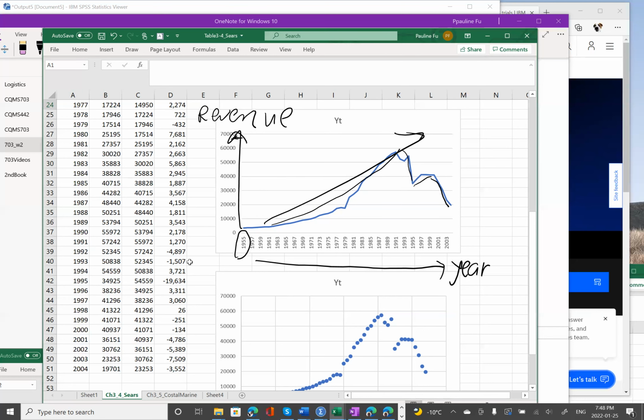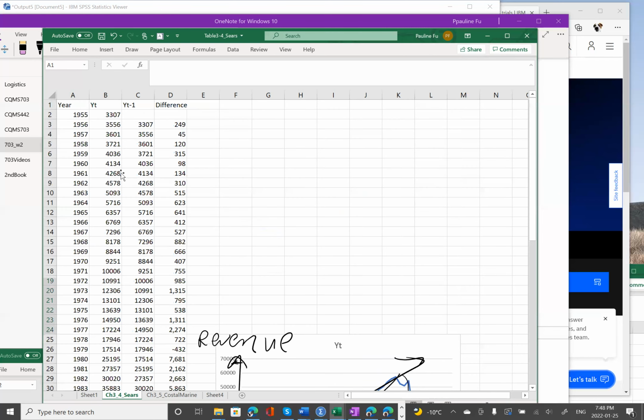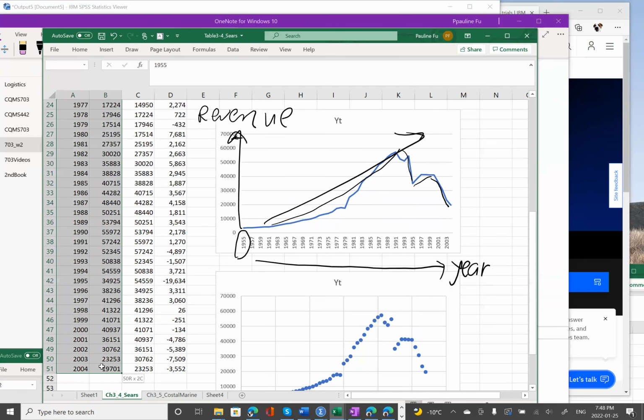If I copy this data into SPSS to produce the autocorrelation function, I just copy the data without labels, and I can create variables in SPSS later.